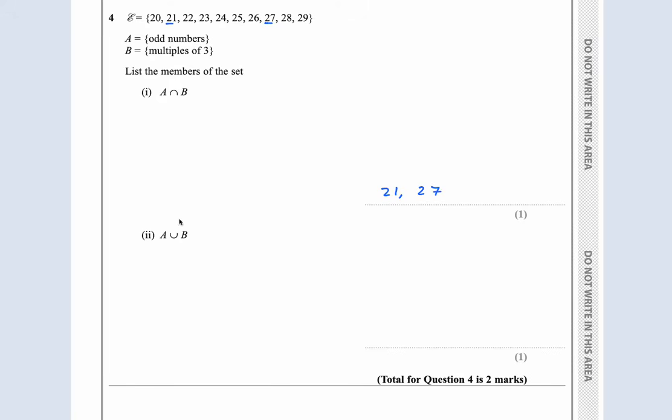Then A union B, so that could be an odd number or a multiple of 3. So I'm going to write down all the odd numbers. So that would be 21, 23, 25, 27, and 29.